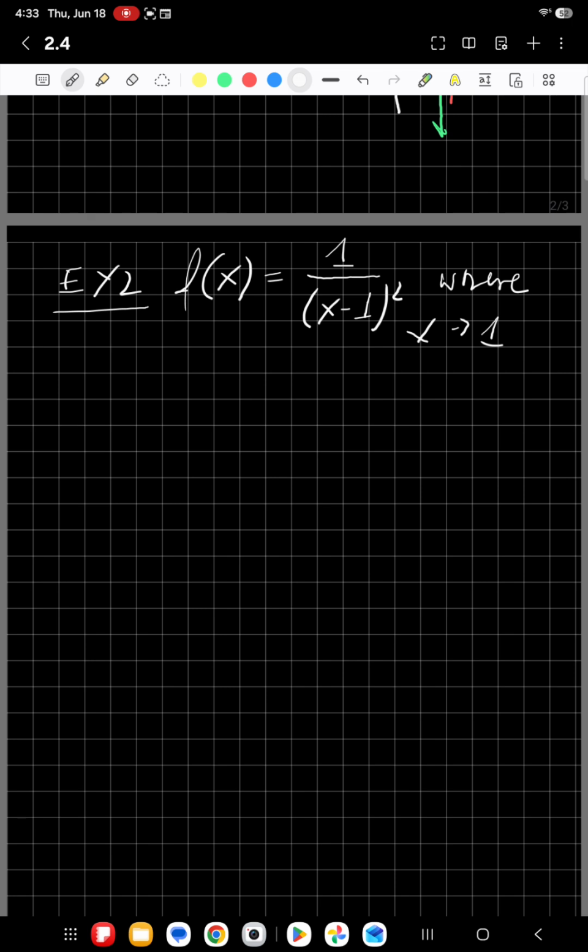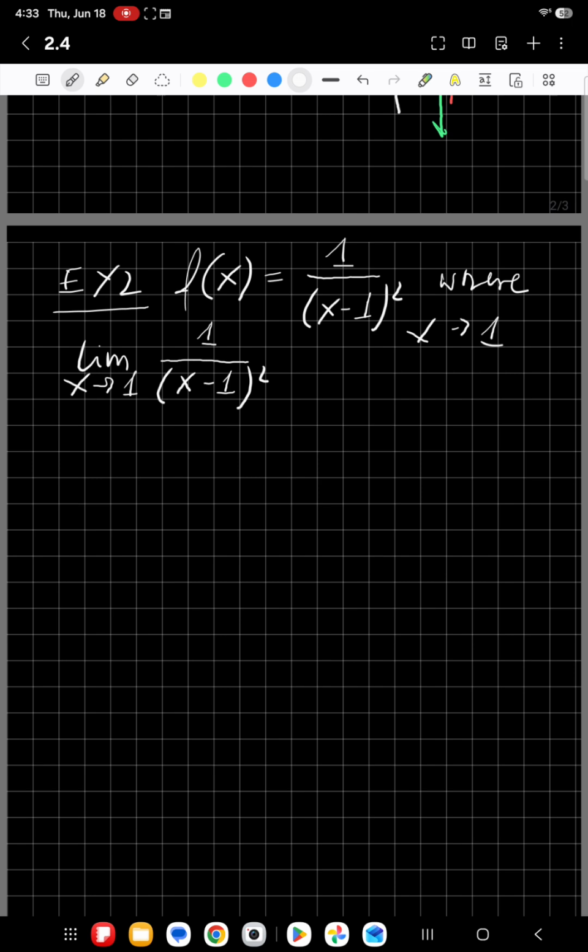Let's think about it. Let me write that limit first: limit as x approaches 1 of 1 over x minus 1 squared.